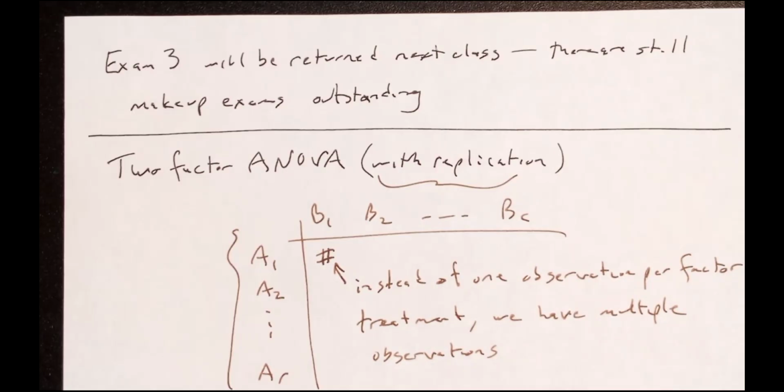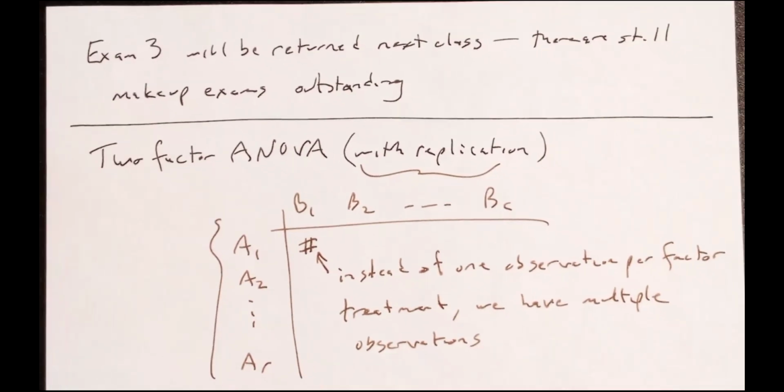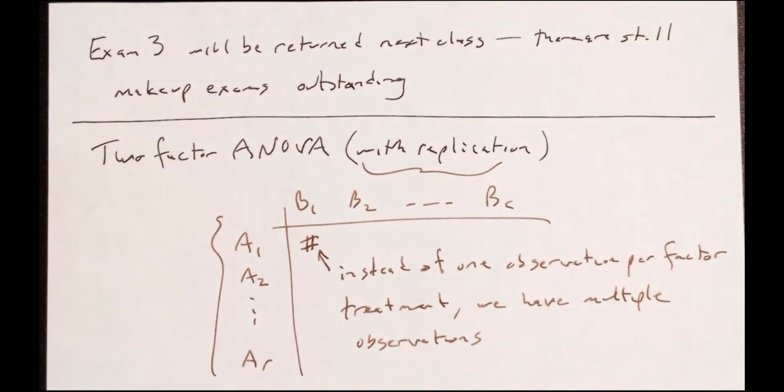So instead of a single number there, I've got, I don't know, 3, 4, 7, however many.